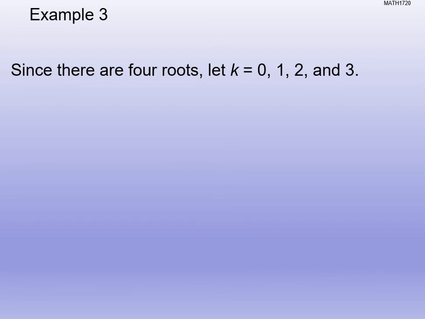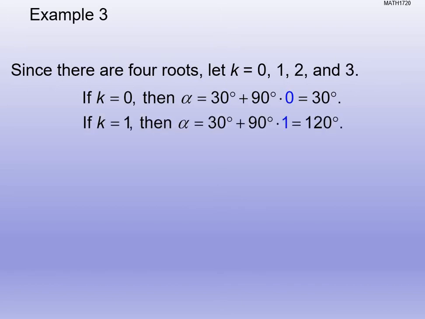Then we have to substitute. Since there are 4 roots, we don't substitute 1, 2, 3, and 4. We always start at 0, and we do 0, 1, 2, and 3. Those represent the 4 different roots. If k is 0, alpha is 30 plus 90 times 0, which gives us 30.